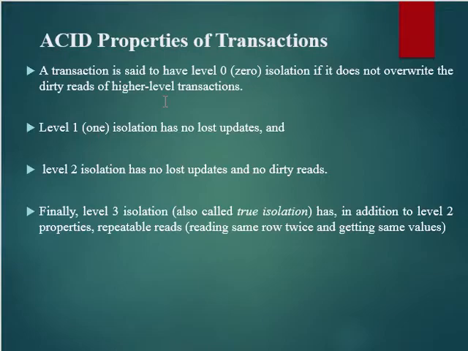Based on these ACID properties, mainly on isolation, a transaction can be named as a level 0 isolated transaction, level 1, level 2, or level 3 isolated transaction. A transaction is said to have level 0 isolation if it does not overwrite dirty reads of higher level transactions. I think you remember what I mean by the dirty read problem. A particular transaction wrote something and it was written back to secondary devices, and it's continuing execution.